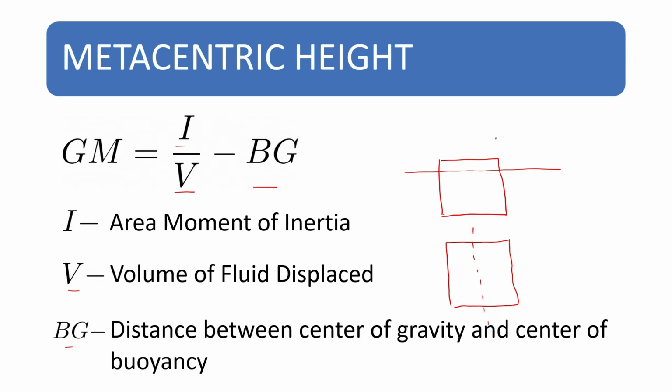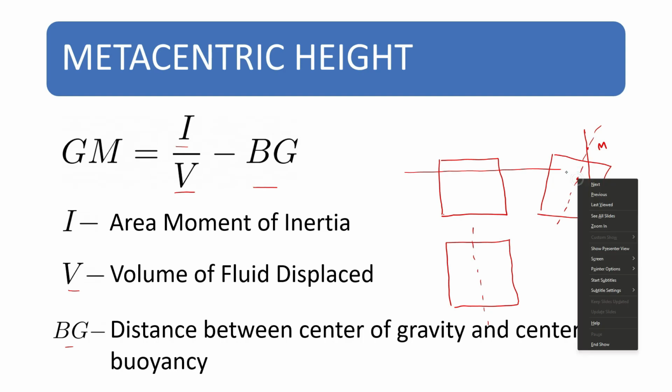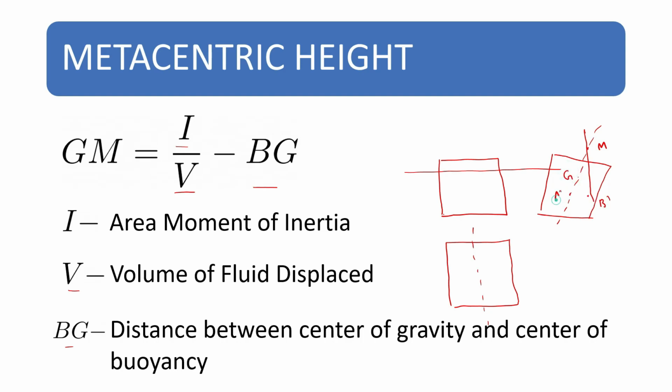So in order to calculate the metacentric height, that is GM, this is the new center of buoyancy B dash. This is M. So this is GM, that is the distance between the center of gravity and the metacenter.